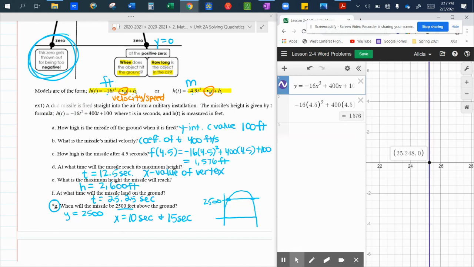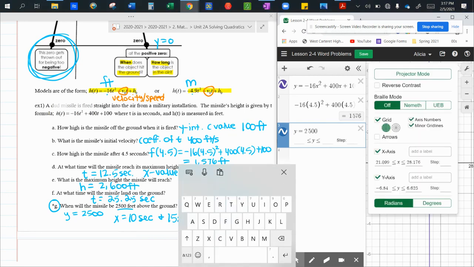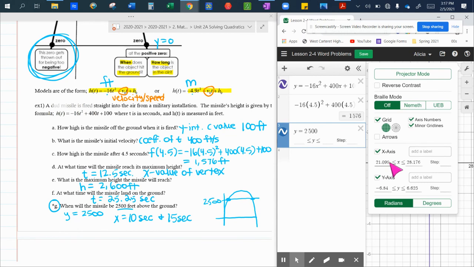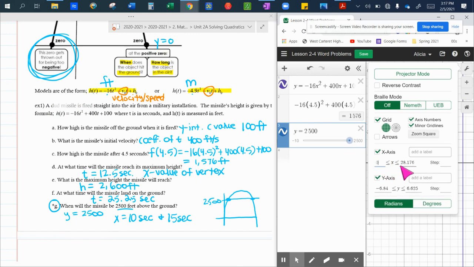And for G, this one might be a little bit easier for us to find on the graph, because if I know that y is going to be equaling 2,500, I can use that to help me adjust my window. So I know that I'm going to need some positive x values, and we can just set this to a range that we think would be acceptable.